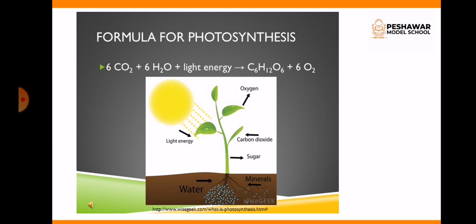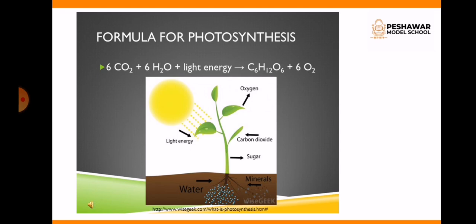Carbon dioxide, water and sunlight react and make food in the form of glucose and release oxygen for us. When that glucose is made, it is transported to all parts of the plant where it is needed, and it gives energy to the plant.